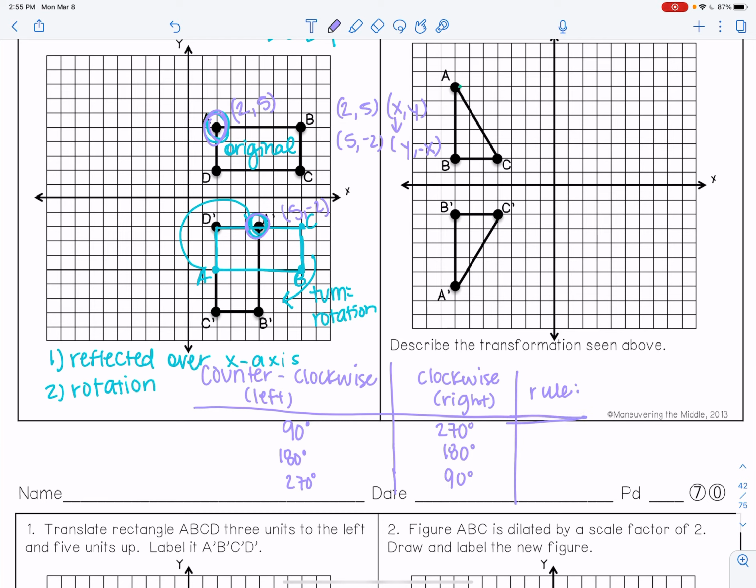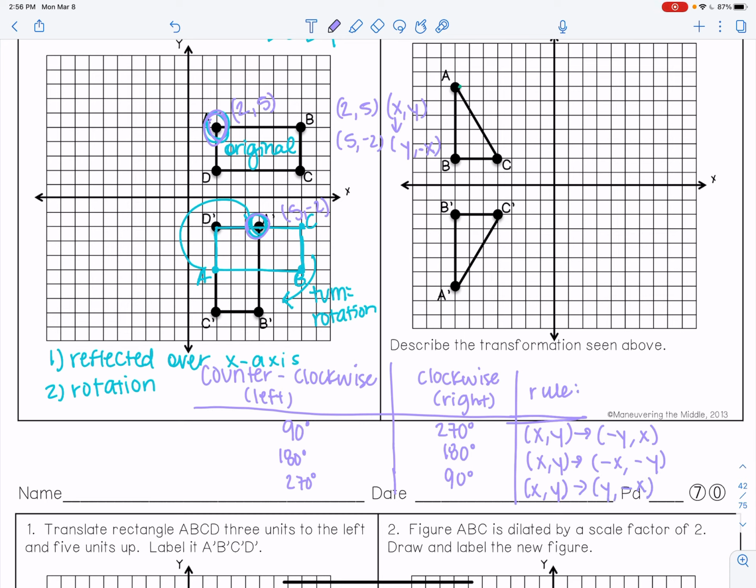Okay, so for the 90 and the 270 at the top, you'll go from xy to negative y comma x. For both 180s, we go from our original xy to just making both of them their opposites, because you're just flipping it literally. And then at the bottom, we go from our original to swapping that order.